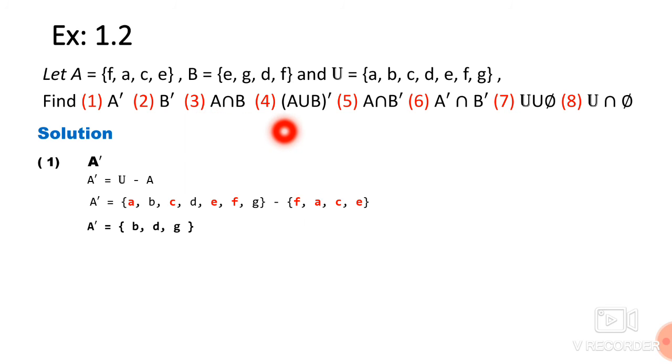We are quickly moving to part 4. Part 4 is A union B whole complement. The complement which is written after the bracket is read as A union B whole complement.